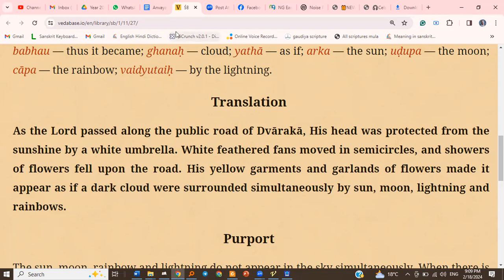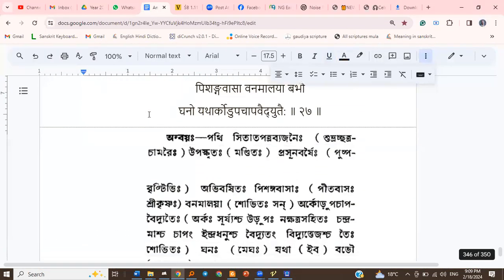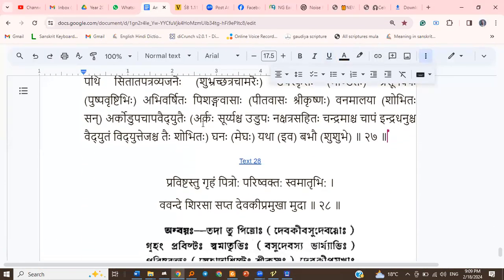So this example here of Surya, Arka Surya.